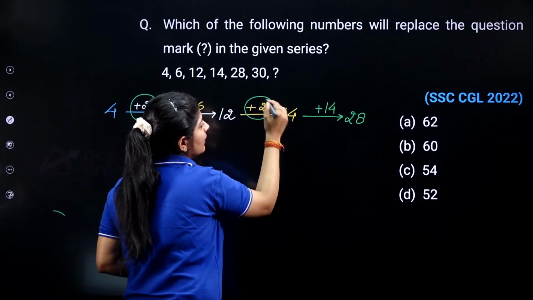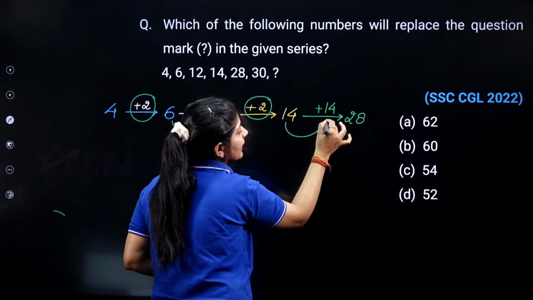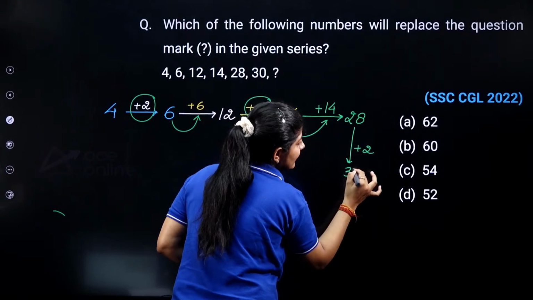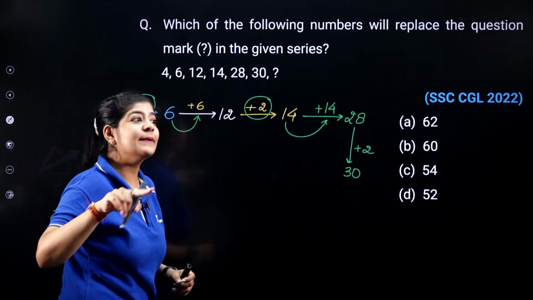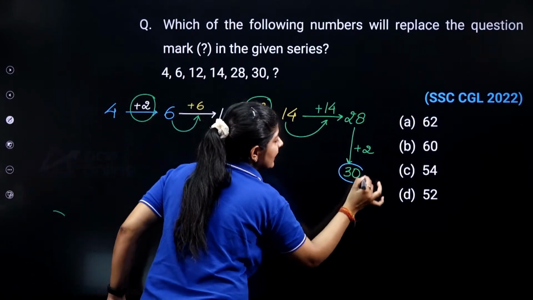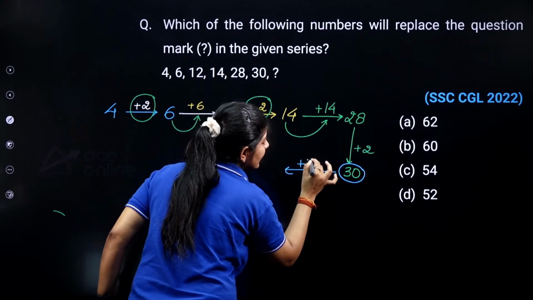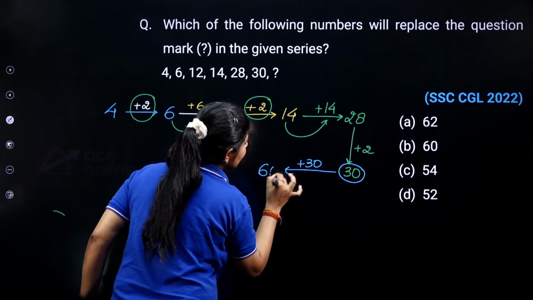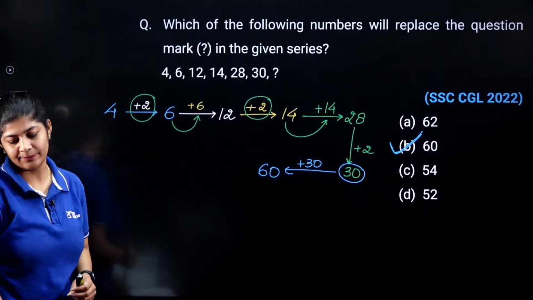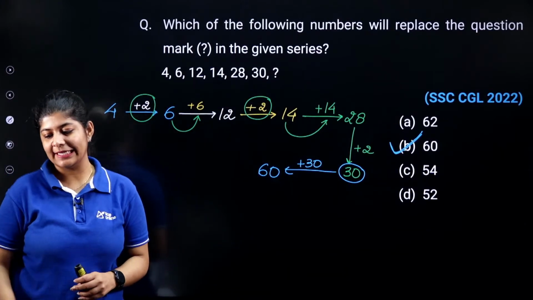Again plus 2. Again the number that we are getting. Again there is a difference of plus 2, that is 30. Now again the number that we are getting, and what number we are getting? 30. So we need plus 30 in this one, and the answer that we are getting over here is option number B, that is 60.